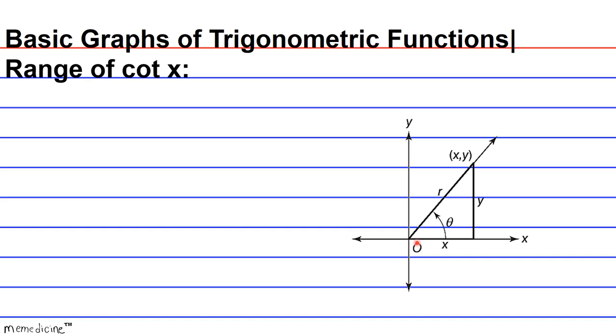So here we see a Cartesian coordinate plane, our xy plane. And we see in quadrant 1 that we have drawn in an acute angle. The vertex is at 0, the origin.